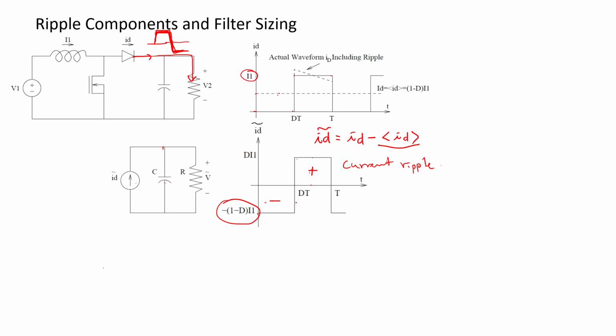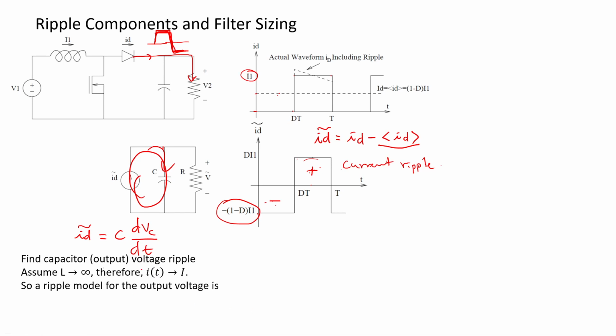So now let's look at all the ripple current here, plus and minus, which just goes to this capacitor. We analyze only this branch, this loop, which means we have ID-TL equal to C times the derivative of VC with respect to time, right? Then we can find VC as an integral.